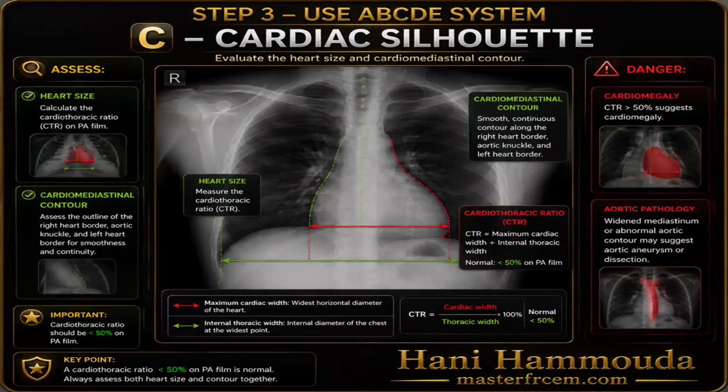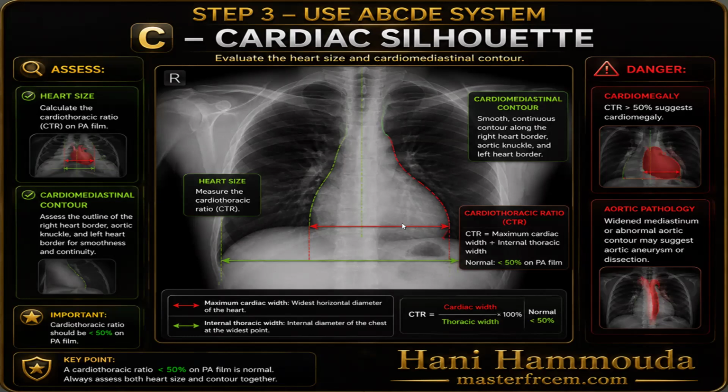Then you will go for C, cardiac size and height. We mentioned already the normal size. The cardiothoracic ratio, what does it mean? The heart to the thorax, less than 50% on PA film.